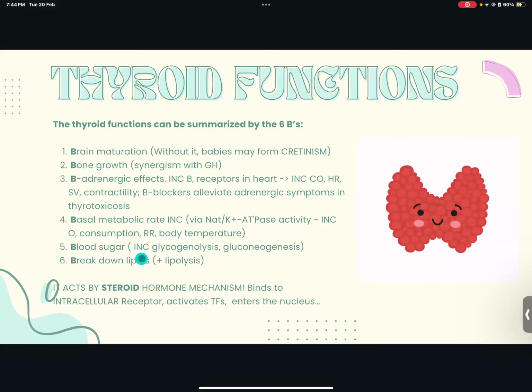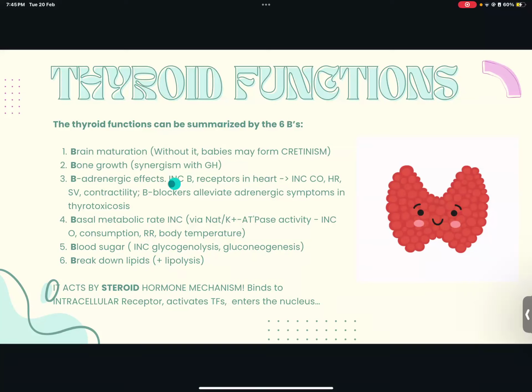And it's also going to increase the blood sugar, so increasing glycogenolysis and gluconeogenesis. Remember, gluconeogenesis is forming new glucose using other substrates. And glycogenolysis, the names are so similar, is going to break down glycogen in order to produce glucose. And finally, it's going to have a role in breaking down lipids, or increased lipolysis.